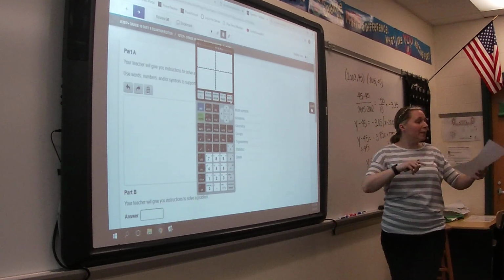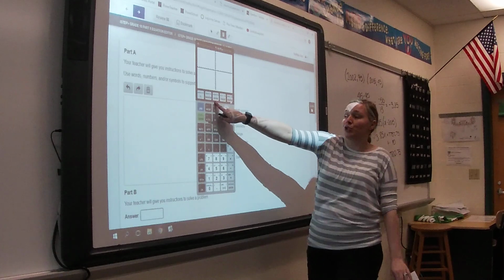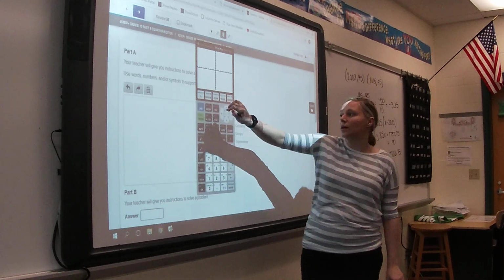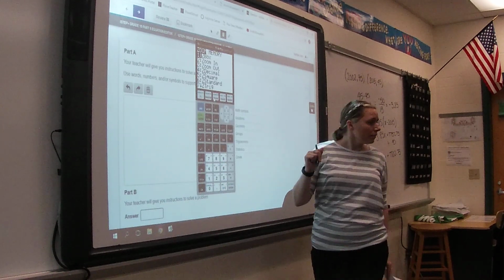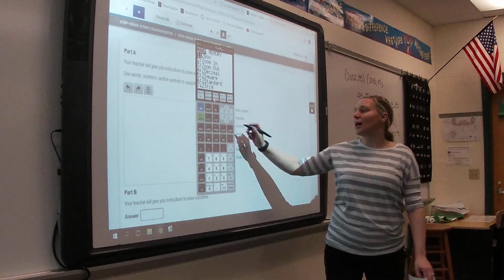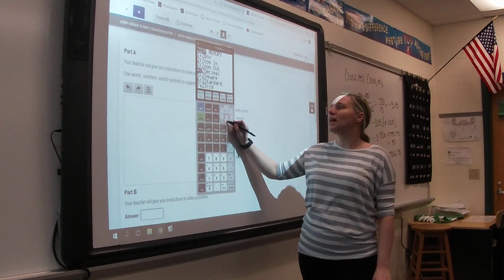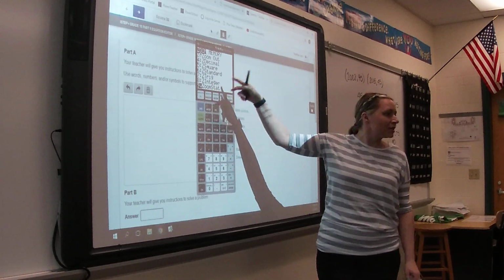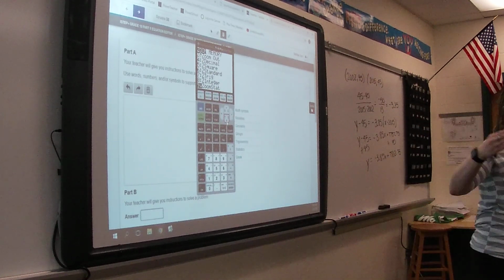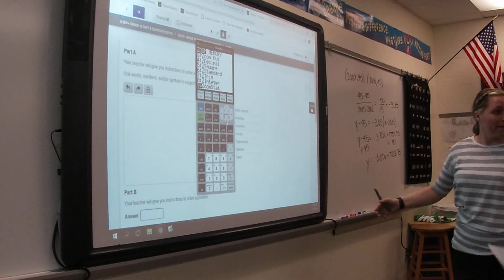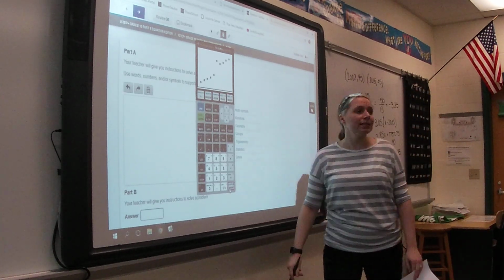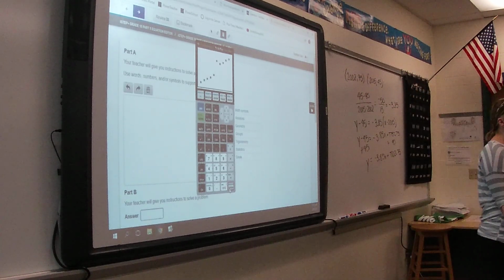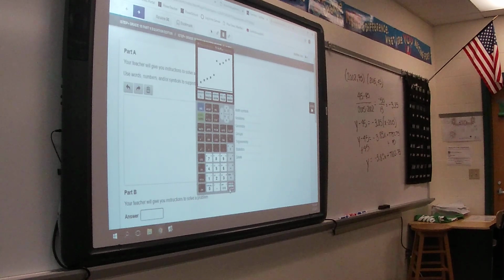For that to happen, step 11 says to press zoom. Zoom is right here. And then you are going to press 9. The reason we are selecting 9 is because option 9 is zoom stat, zoom on my statistics. So zoom 9 is going to graph all of those points for us.